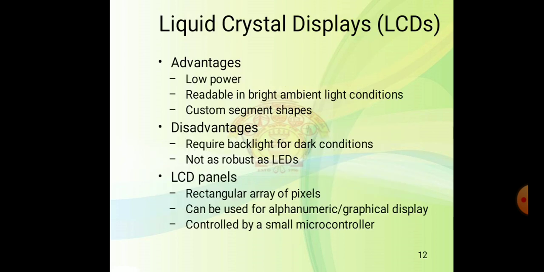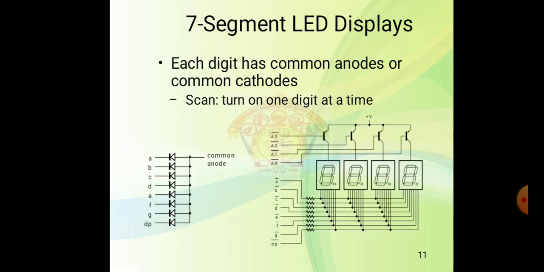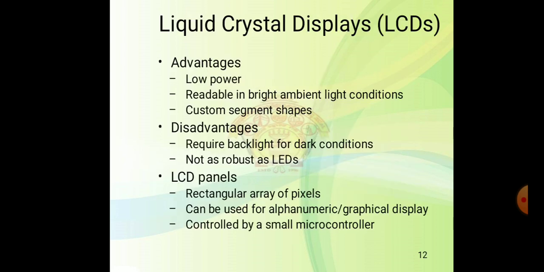Another display device is the liquid crystal display. LCDs are used to display various information. The advantages of LCD are that it has low power, it is readable in bright ambient light conditions, and it has custom segment shapes, any shape you can give.